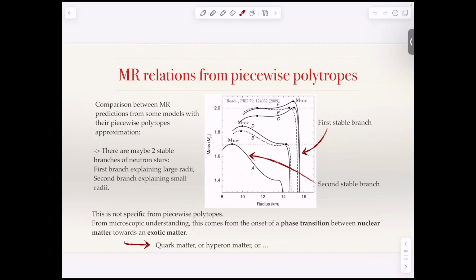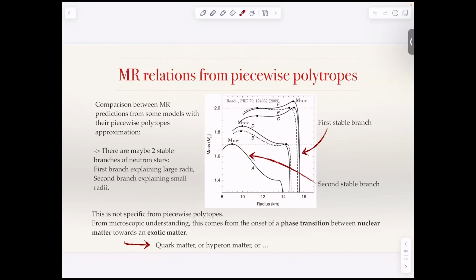Let's take, for instance, this equation of state, which clearly is stable because the gradient of the mass is positive. And then let's take the dashed line because it is more pronounced. You have a small region here where you see that it is unstable, and then after it is stable again. So this second stability region is indeed called the second branch.